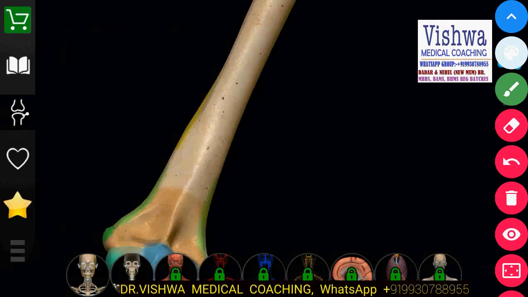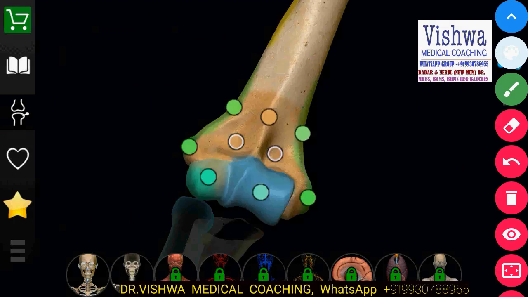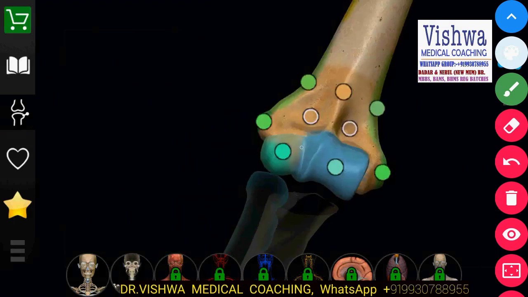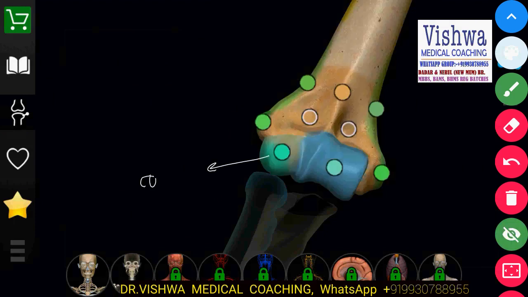We come to the anterior side. So this becomes the capitulum. This is the trochlea. This is the medial epicondyle.